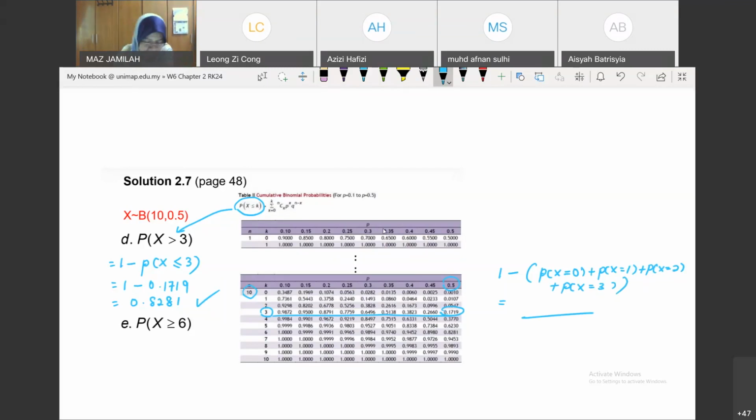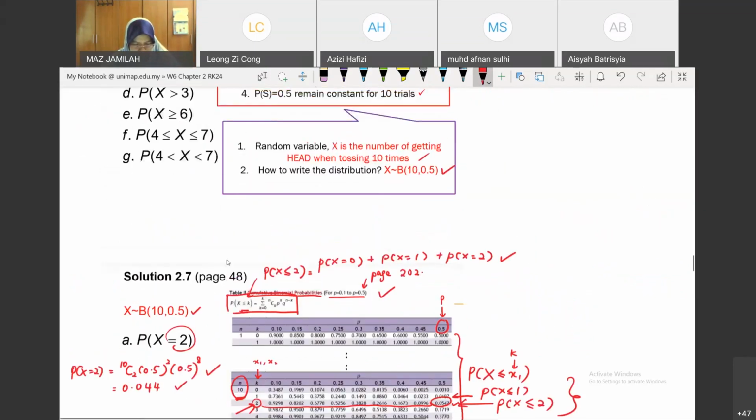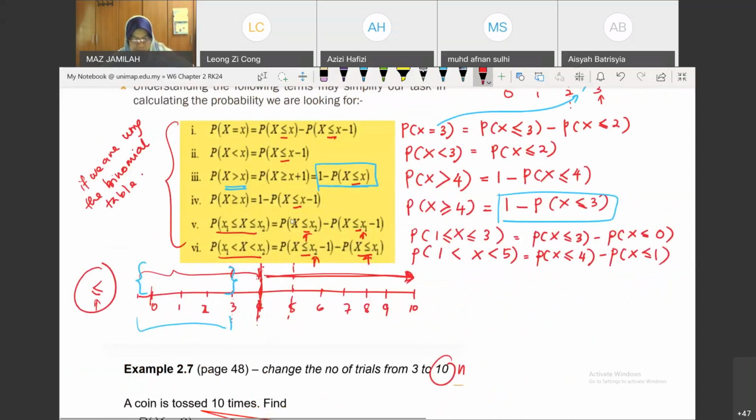Now, what about when x is greater than or equal to 6? Can you find it, class? Why don't you try? Find the probability of x greater than or equal to 6. So, greater than or equal to 6 would be 1 minus what?